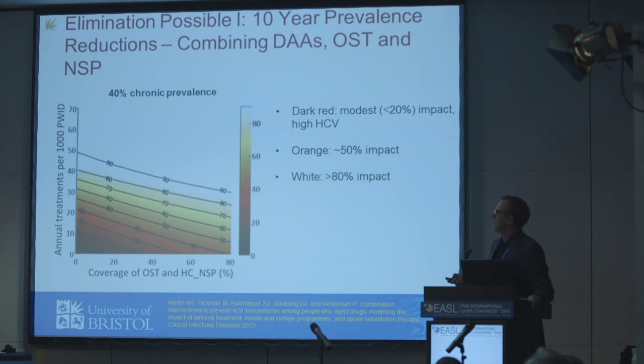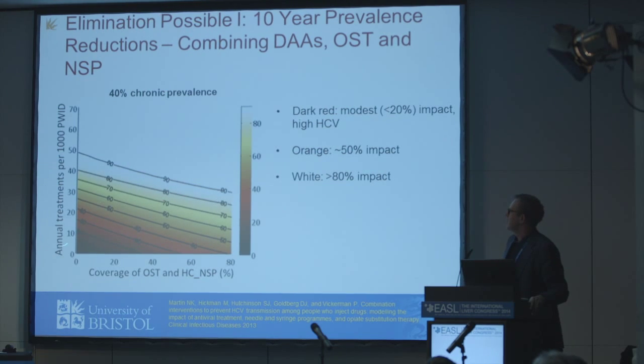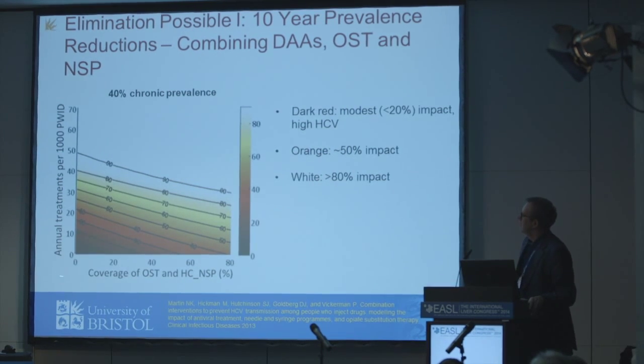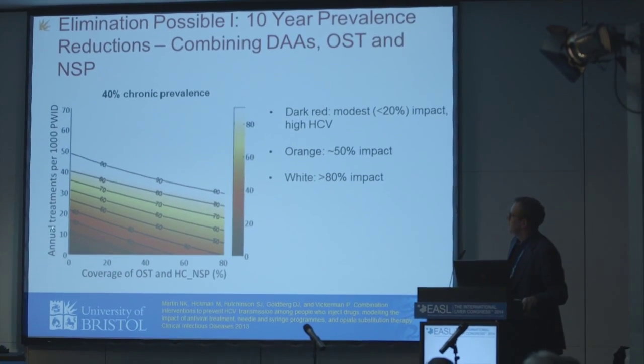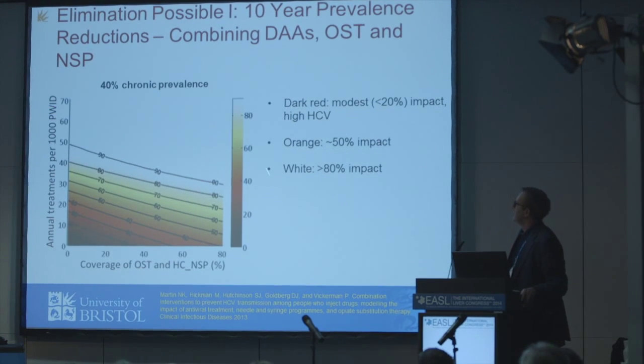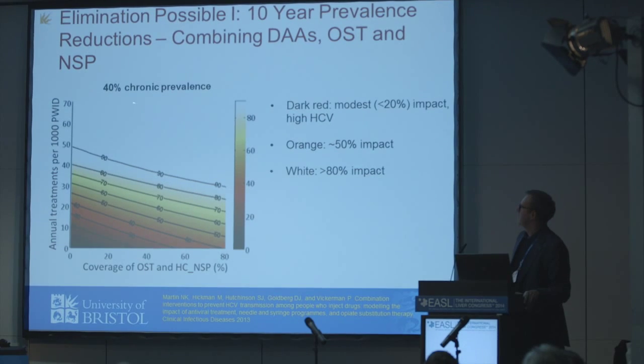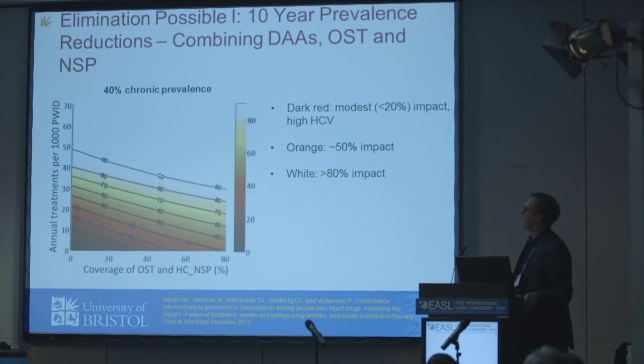So this is our elimination model. It's a heat map, and it shows as you increase the coverage of opiate substitution treatment and needle exchange, and also as you increase treatment of hepatitis C. In this area, you are starting to get towards elimination, where you can drive hepatitis C down by 80%, 90%, and in the orange area, you're reducing it by about half, and down here having very modest impact.